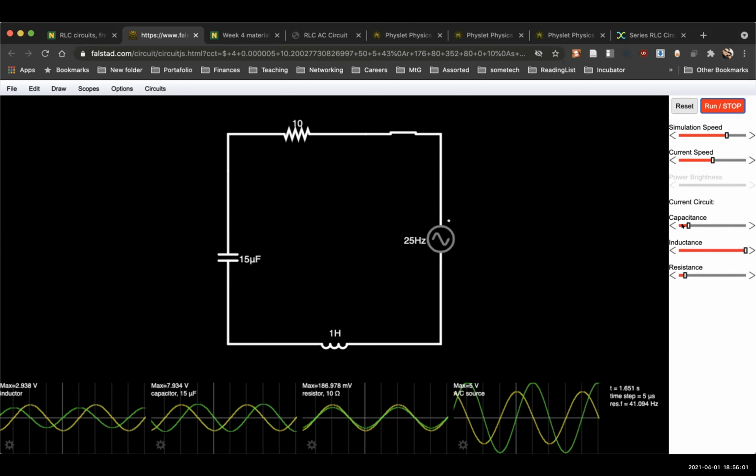Why are we interested in using an alternating source in the first place?